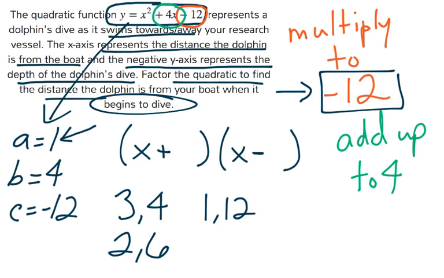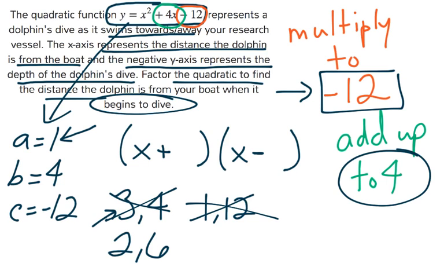So now, which of these would add up to 4? Now you check the other thing. Remember, one of these is going to be negative. So 3 and 4, no, I don't think that's going to work. 1 and 12, those are too far apart. 2 and 6, that actually works out really well because 6 minus 2 is 4. So that's what we're going to go with here.